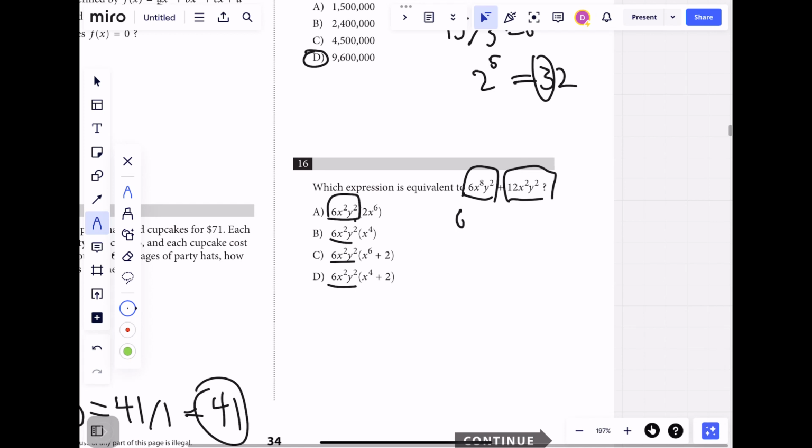So it's going to be 6x squared y squared times x to the sixth, plus this, and then 2. And that's going to equal 6x squared y squared times x to the sixth plus 2. C.